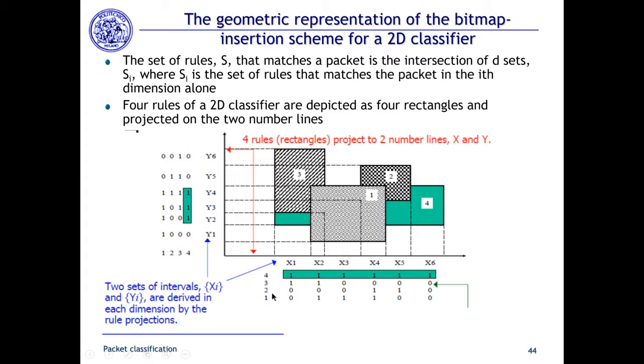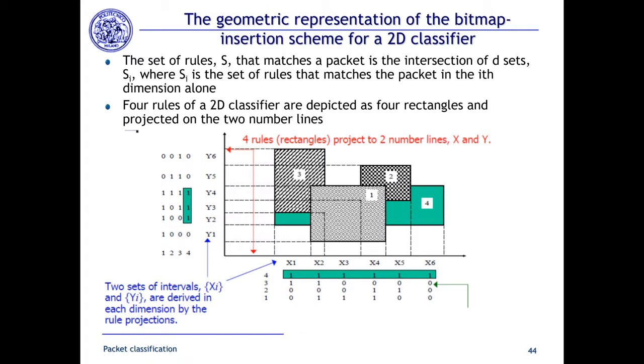Okay, here we have 4 rules, so we have 4 bits, and rule 4 is satisfied on this stripe, so we mark it as a 1 in this position. Rule 3 also another 1. Rule 2 and rule 1 are not satisfied, so there will be 2 zeros.